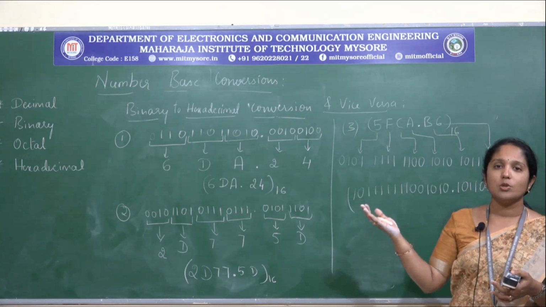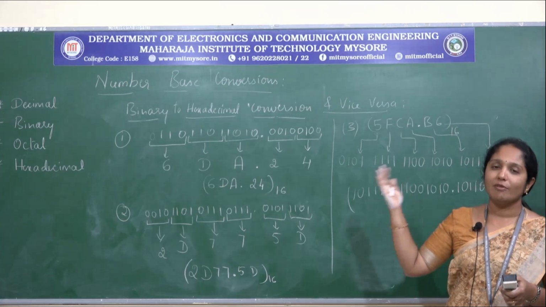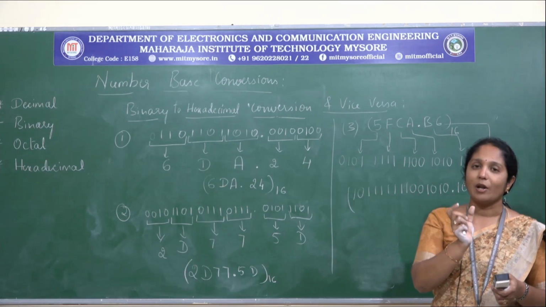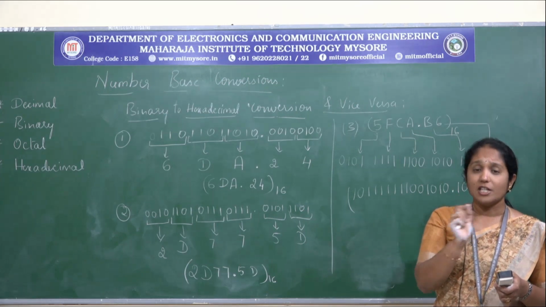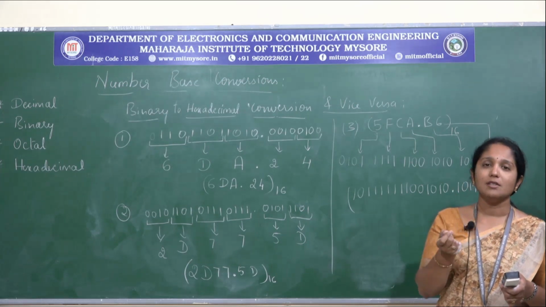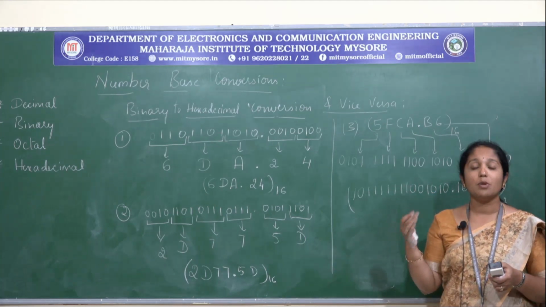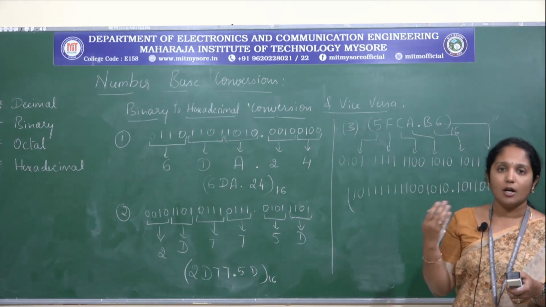So 0.32 into 2, again we find the product of it, and then the digit before the decimal point. This is the procedure we follow.